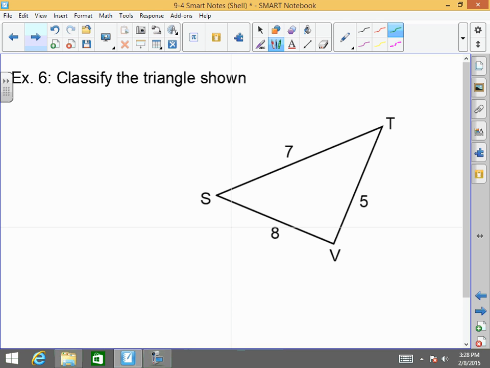Now, the question you may have here is, okay, Mr. Morrow, that's all fine and good, but how do you know which you're going to label as C here?